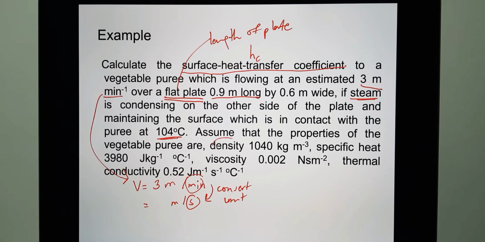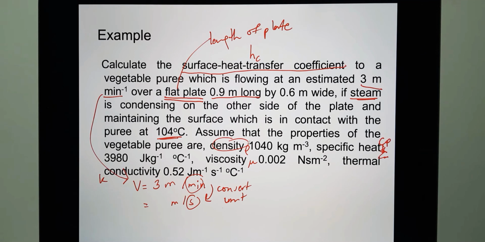You have the density, which is denoted by rho. Then you have the specific heat, which is Cp. Then you have the viscosity, which is mu. Then you have the thermal conductivity, which is K.